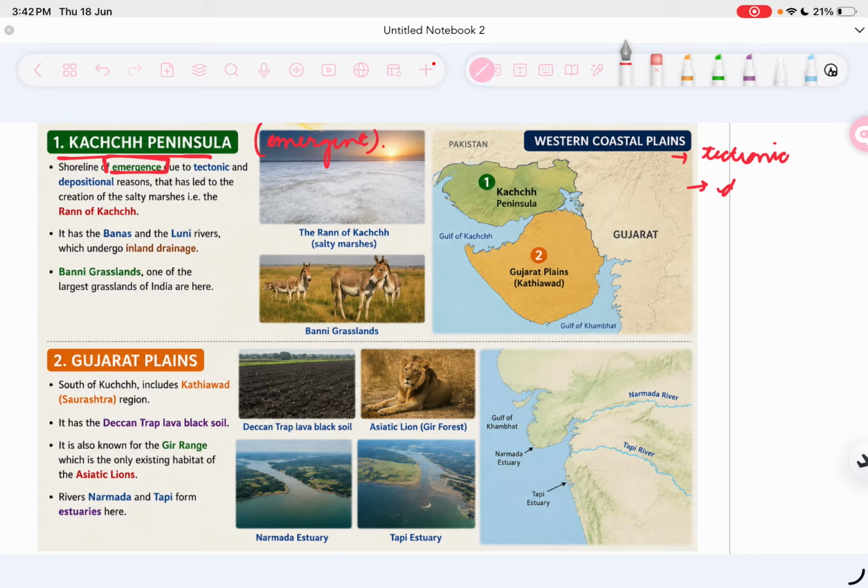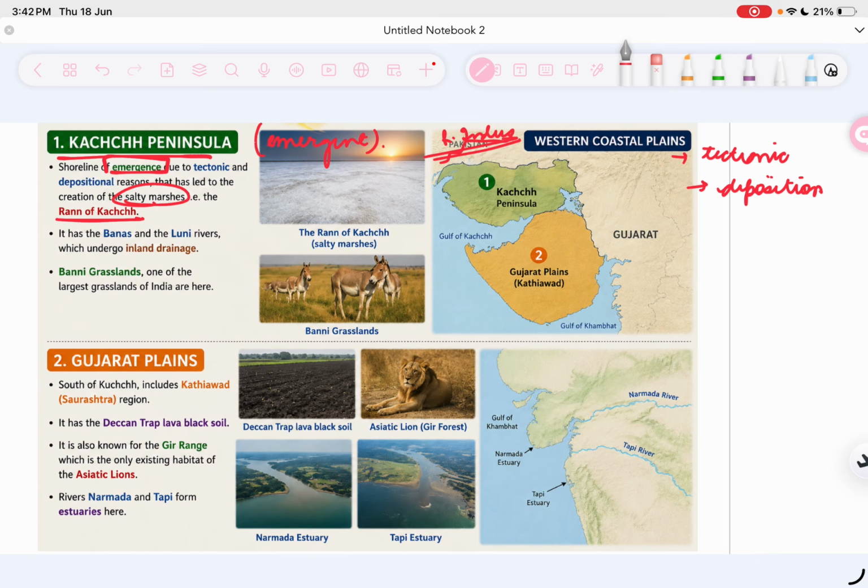The second reason is deposition. We are aware that above Kutch the river Indus flows. Due to the deposition of sediments by the river Indus, the Kutch Peninsula is regarded as emergent land. There are also salty marshes present, called the Rann of Kutch.